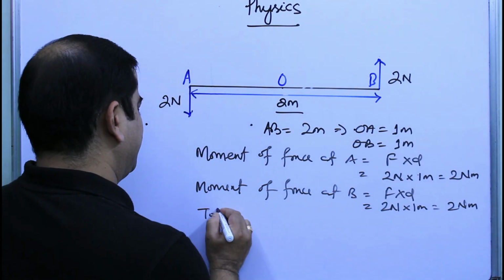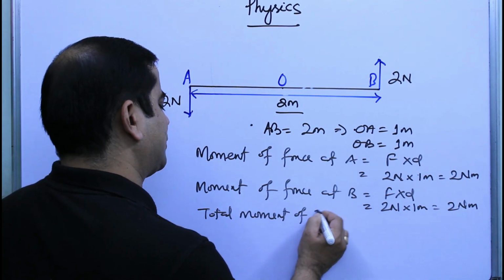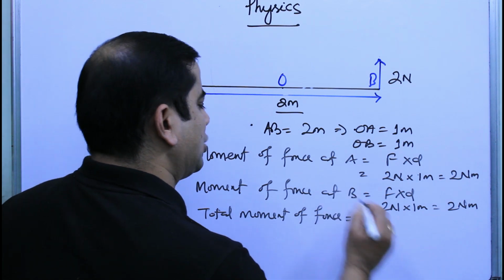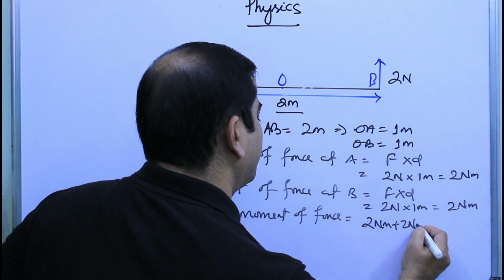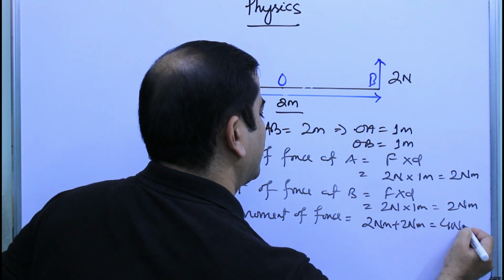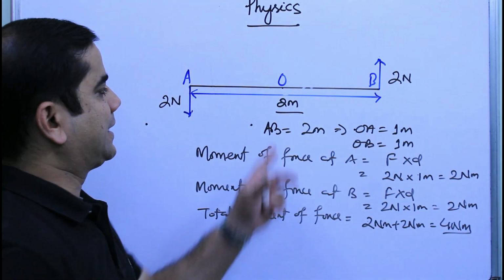So total moment of force is equal to 2 Newton meter plus 2 Newton meter, that is 4 Newton meter. So this is the total moment of force at center O.